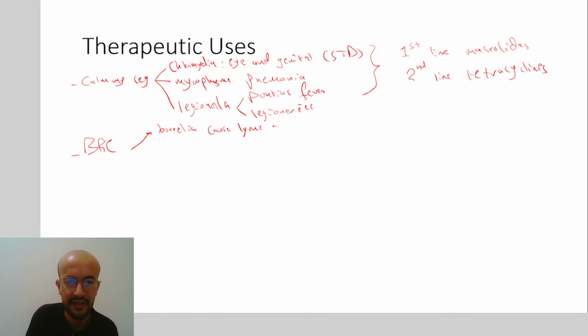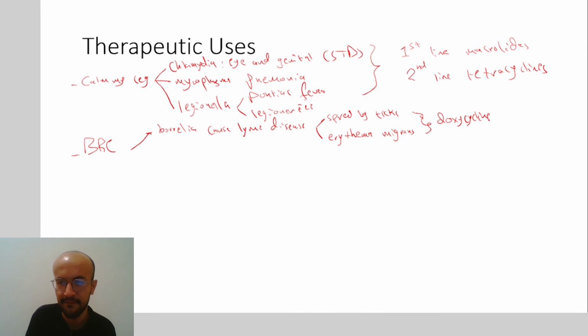Lyme disease is spread by ticks and characterized by a spreading rash called erythema migrans. And this is treated with doxycycline for 14 days.